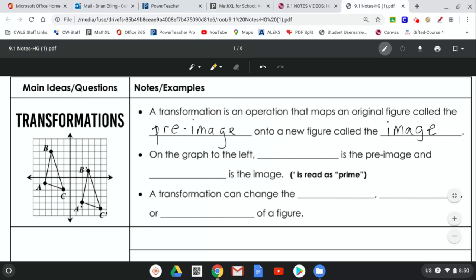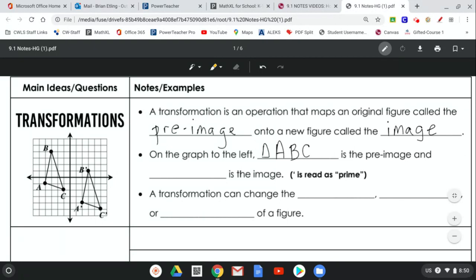But if we look at this graph over here on the left, triangle ABC is the pre-image, and that's pretty much always how it's going to be. We're just going to use some different letters.